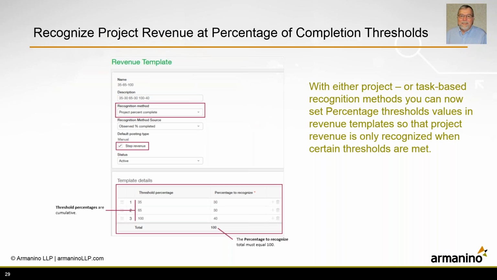So when the threshold reaches 35, it will then recognize 30% of the revenue. And it won't do any additional revenue recognition until the threshold gets to 65 or higher for the next step. So just a very nice feature to allow you to set a step revenue threshold recognition.